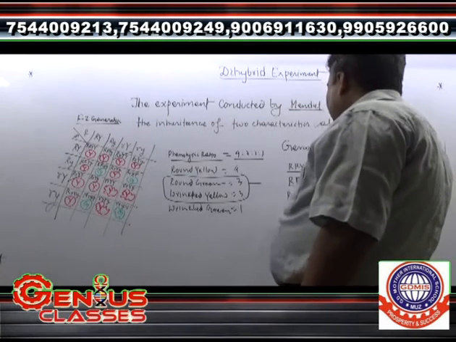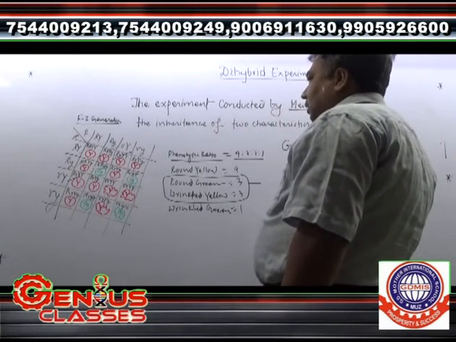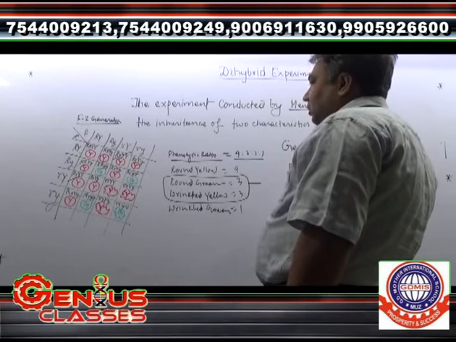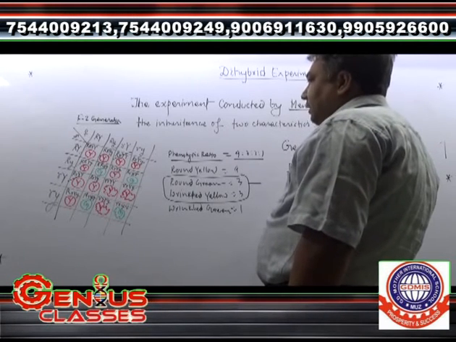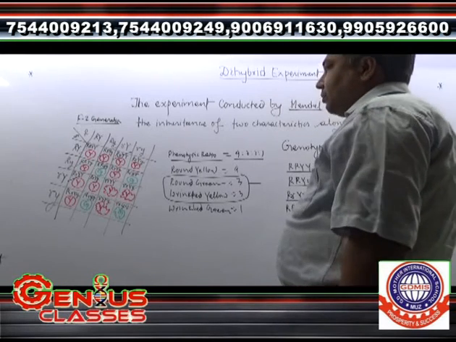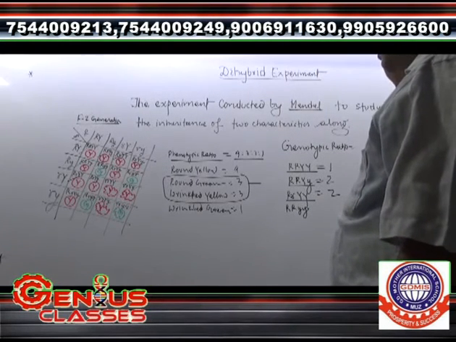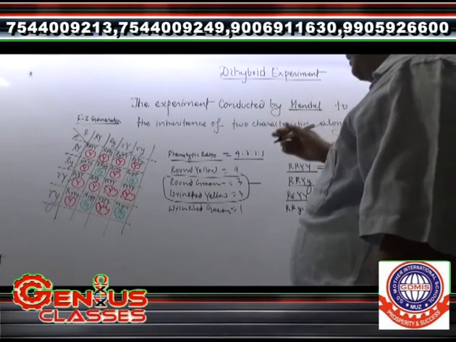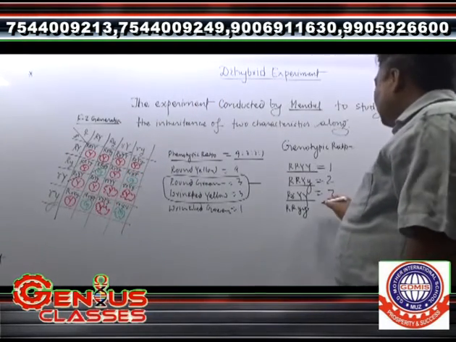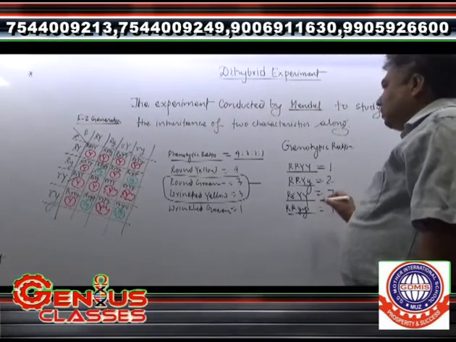Now comes R capital, Y small, Y small, and its number is 1.